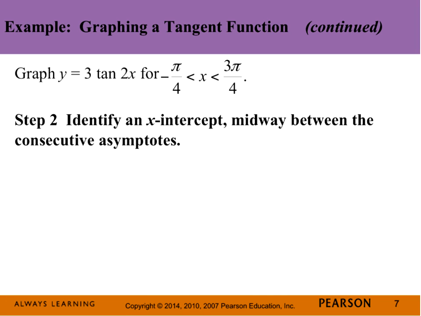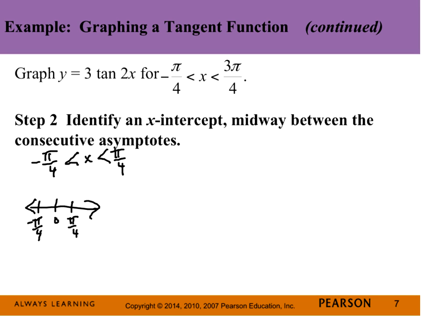Okay, so the x-intercepts we had, let me just remind you, we had asymptotes at negative pi over 4 and pi over 4. So on the number line, I have 0, here's pi over 4, and here's negative pi over 4.